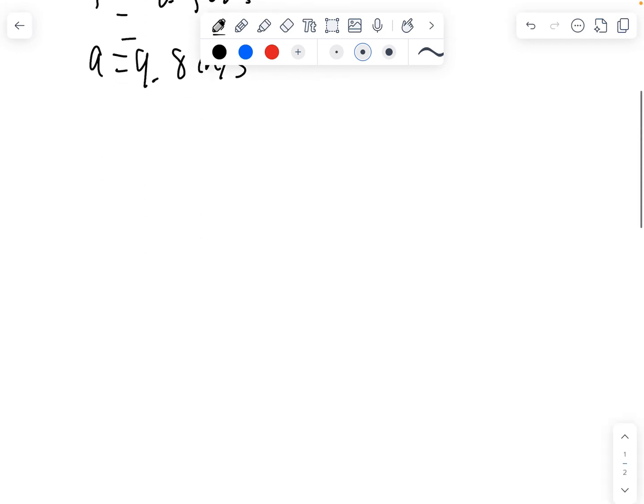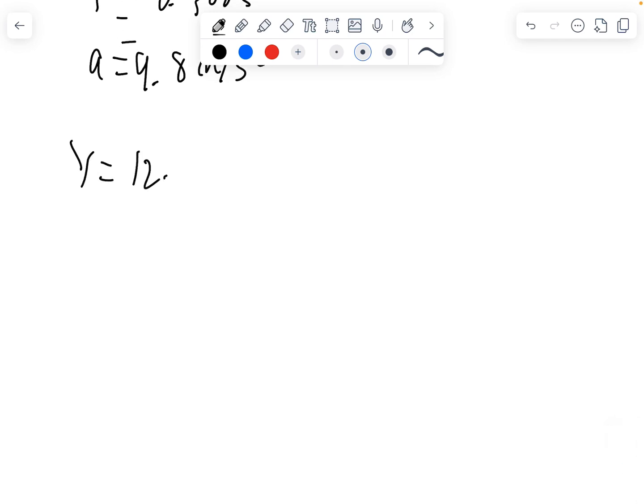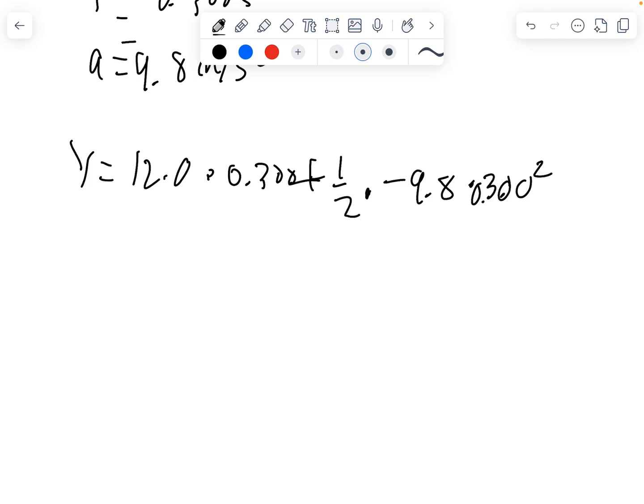That's because it's usually downward. So we're just going to do y equals 12.0 times 0.300 plus 1/2 times negative 9.8, which is gravity, times 0.300 squared.